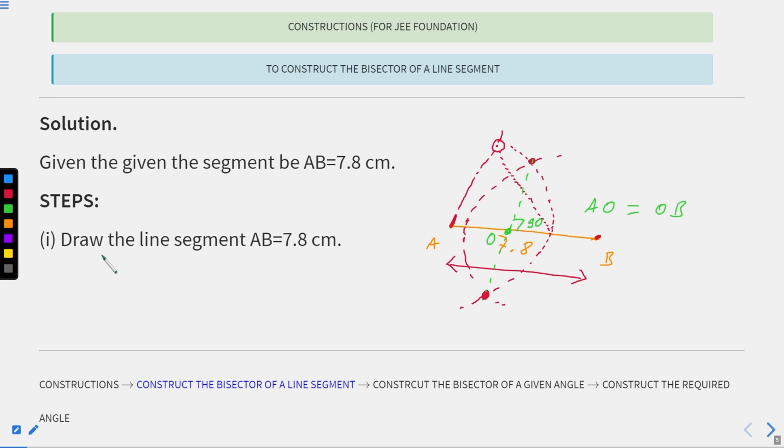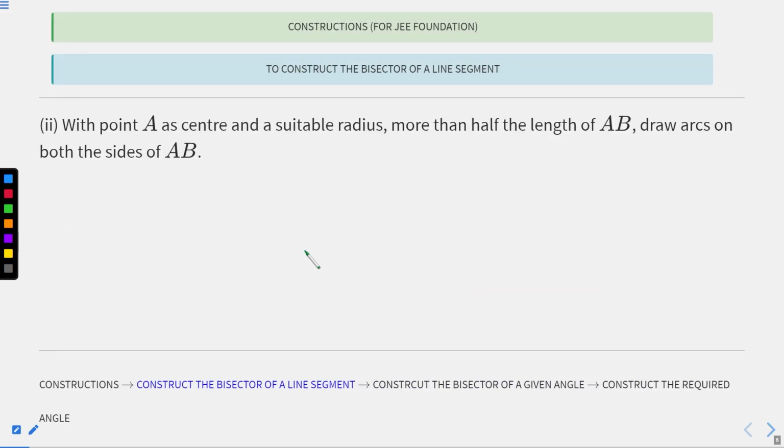Let's see the steps. First, draw AB of 7.8 centimeter. Then take A as center with an appropriate compass radius, which must be more than half of AB, and draw arcs.